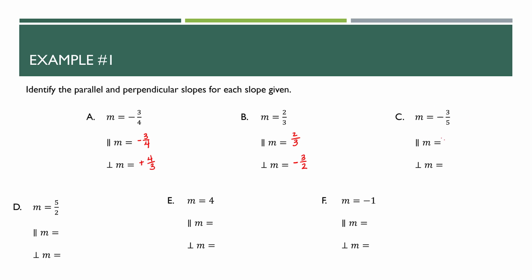Example C. Parallel slope means same slope, so just -3/5. Perpendicular is opposite reciprocal. So the slope they give me is negative, so the opposite would be positive, and reciprocal, flip it over, 5/3.